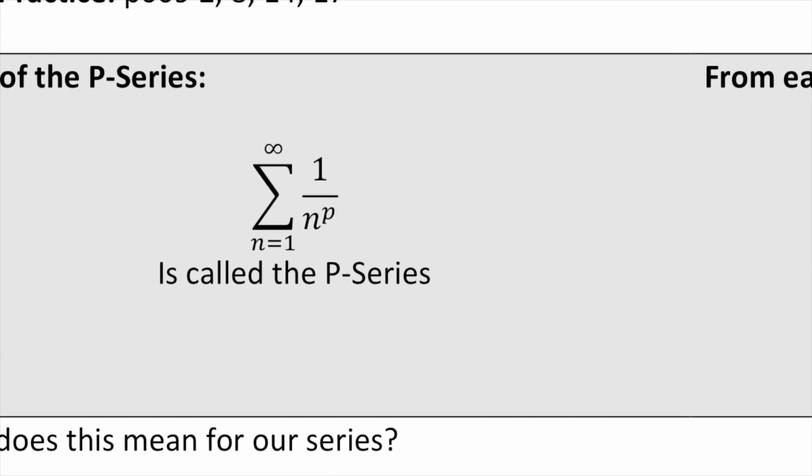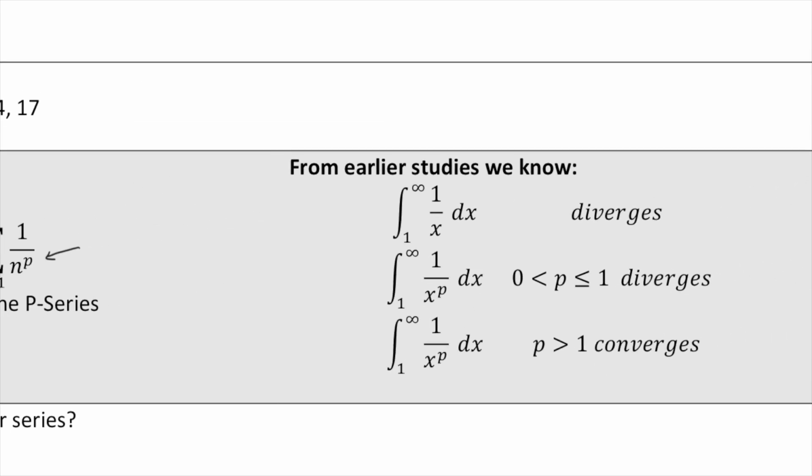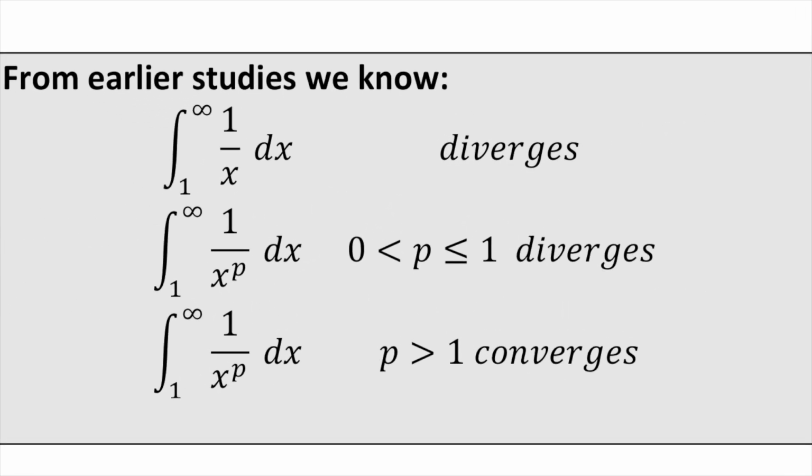We are interested to find out if the series n equals 1 to infinity of 1 over n to the p converges or diverges. And that is going to all depend on the value of p. So, from our prior studies, we knew that the integral from 1 to infinity of 1 over x dx diverges. And notice for that, that is when your p is equal to 1.